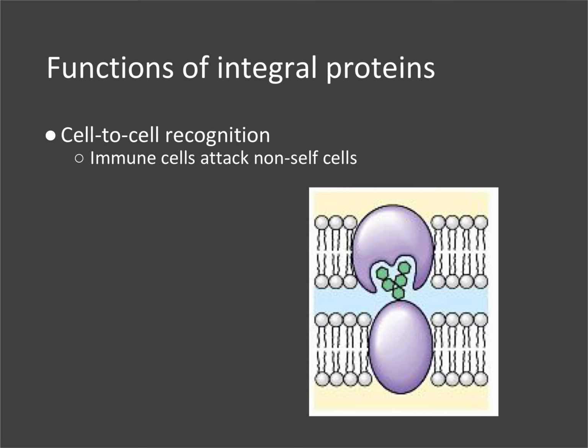Some integral proteins are involved in cell-to-cell recognition, and this can come into play especially with our immune cells or our immune response. For example, let's say that this is a cell that's supposed to be in your body. So this one right here is a good cell that's supposed to be there. And this is maybe an immune cell. Immune cells have to be able to recognize that this is a good cell so that it does not attack.